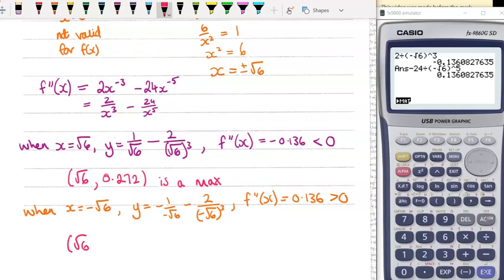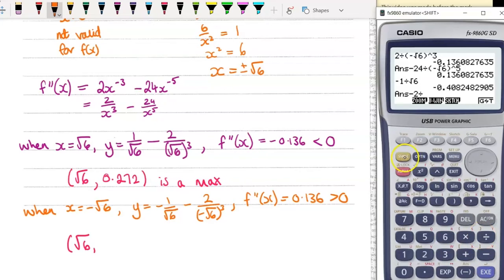So root 6. What we've had on this one, which I've just noticed a small error, I put the minus in twice. On this bit here, this should just be negative 1 over root 6. Okay, so let's go with minus 1 divided by root 6, take away 2 divided by root 6, and that bit got cubed.